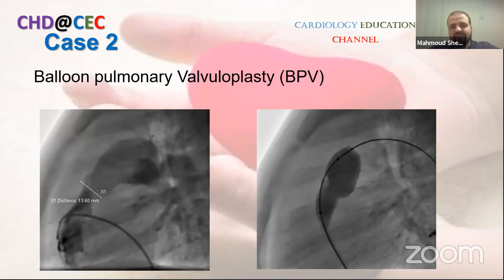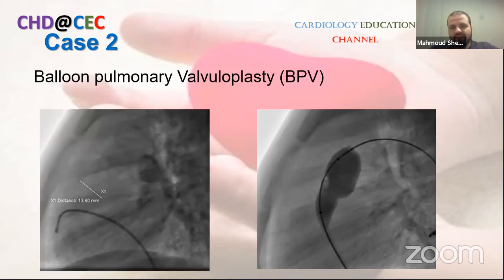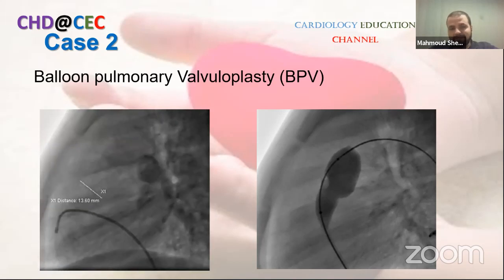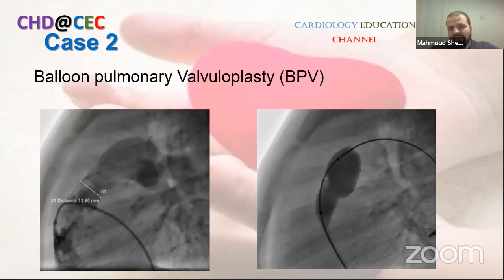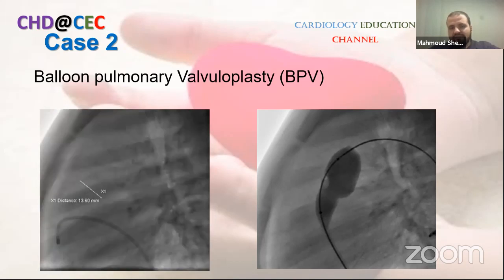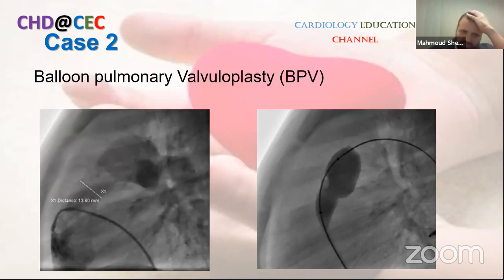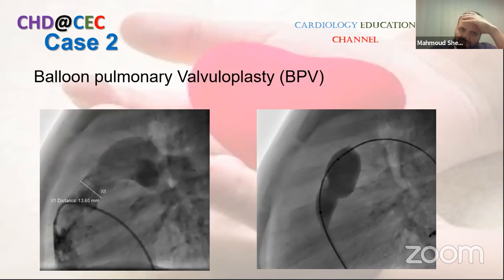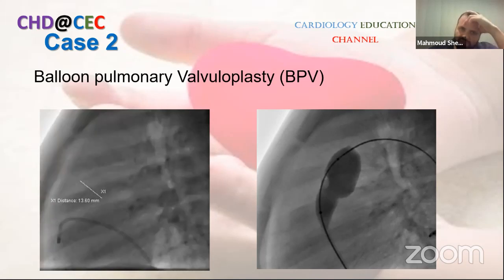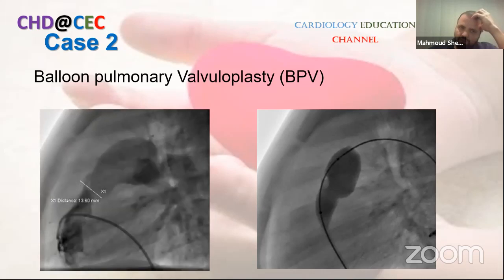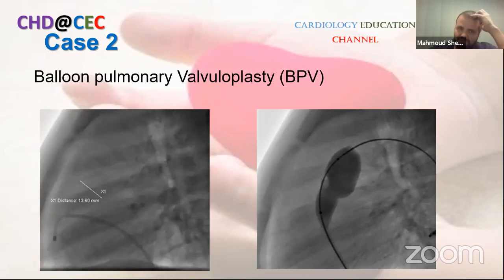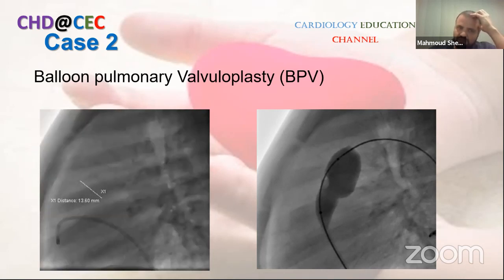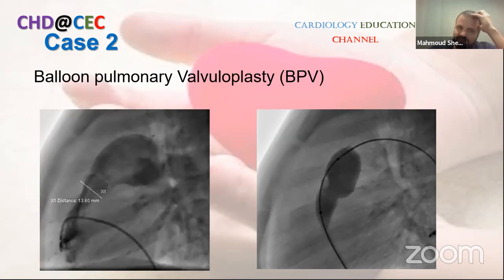Nowadays, thanks to the invention of very low pressure balloons, we have variable types in different sizes of very low pressure balloons that can go through a 3.5 French sheath. So you can do it at whatever age, but the main issue here is, if you have moderate valvular pulmonary stenosis and a small baby of 15 days or 1 month old, it's better to let him grow up and do this procedure in a better condition, with good and easy access.